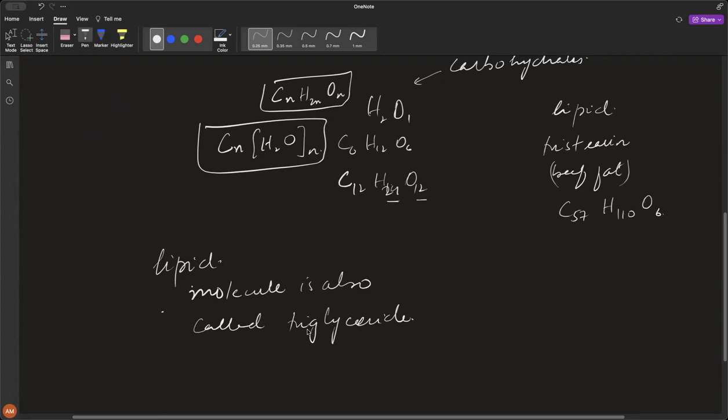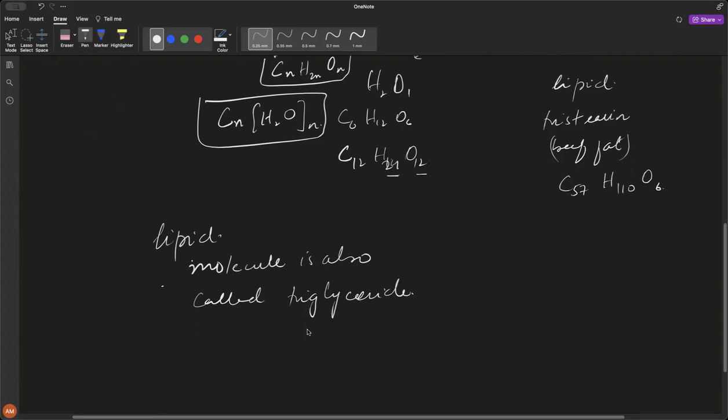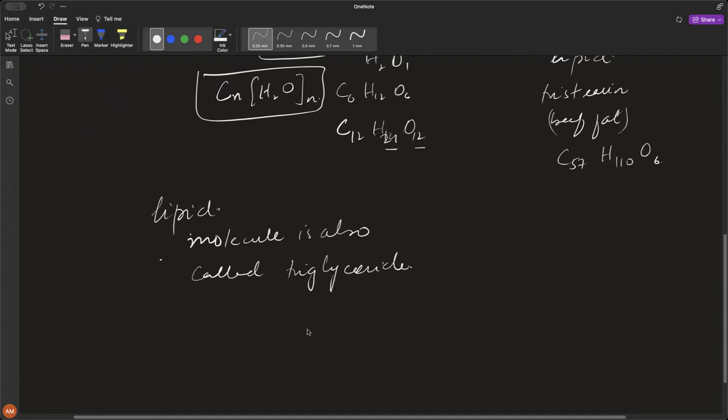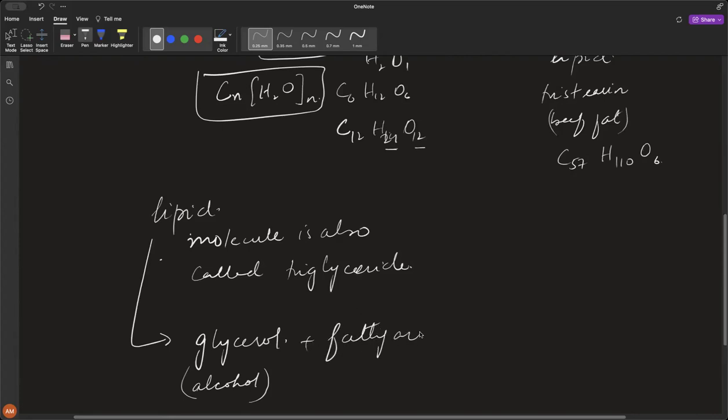All right, triglyceride. Well, a lipid molecule is actually made up of two components. This is made up of glycerol, which is a form of an alcohol, and fatty acids, which is a form of carboxylic acid. You might not be aware of these terms right now, but just write them down.